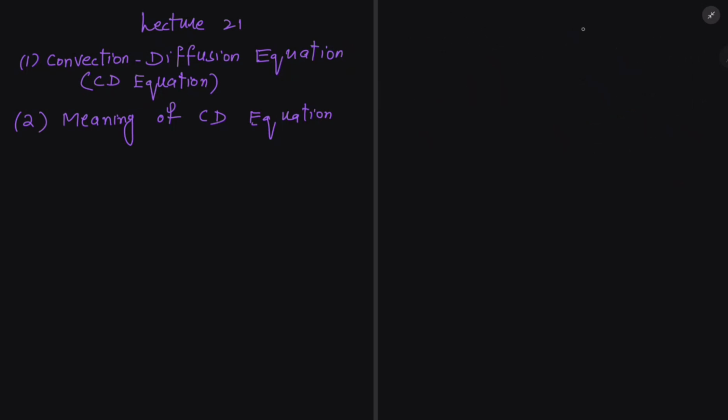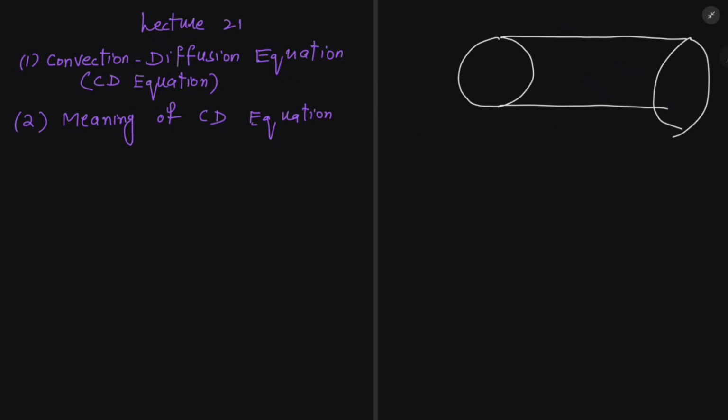Suppose we have a circular cylinder, and we assume that the circular cylinder has inflow. Now we have to introduce some quantity that describes convection as well as diffusion.